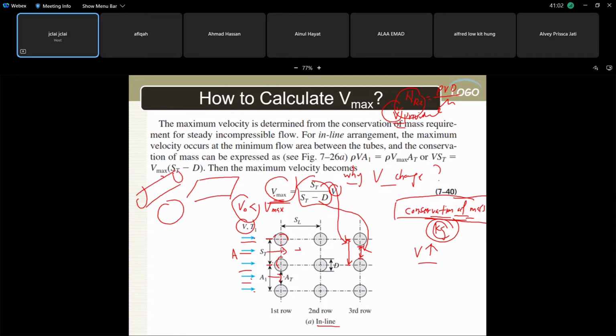Initially, the area available for the flow to pass by is this, right?